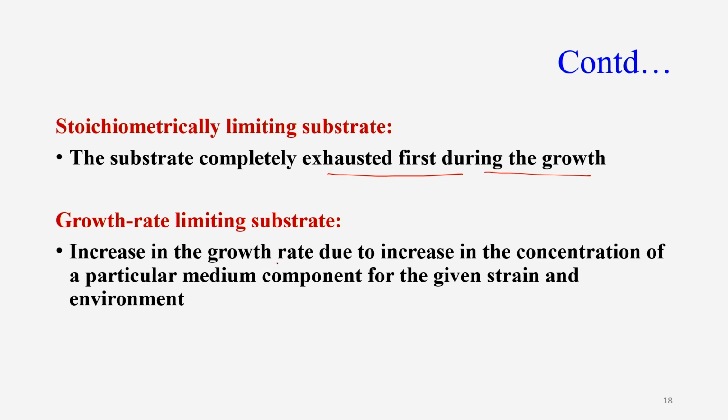It says increase in the growth rate due to increase in the concentration of a particular medium component for the given strain and at given environmental conditions. So, if a particular substrate is able to increase the growth rate with increase in its concentration, that is called growth rate limiting substrate. And if your substrate is completely exhausted first during the growth, that is called stoichiometric limiting substrate.